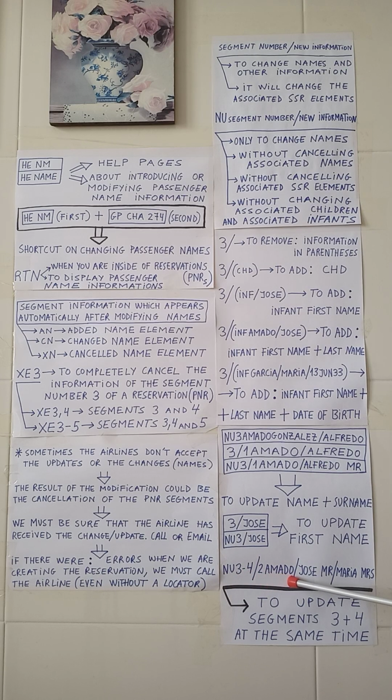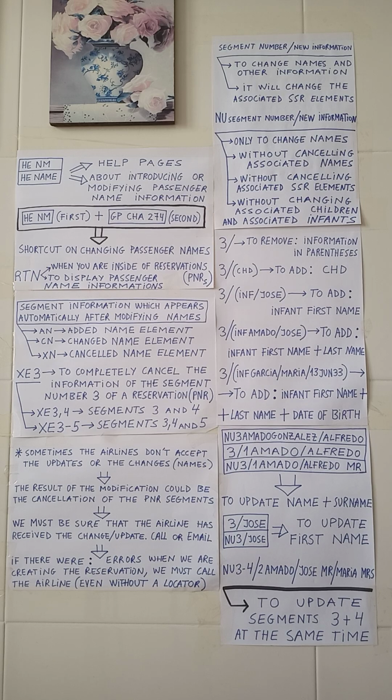NU3-4/2 Amado/Jose space MR/Maria space MRS. Allows updating the name and surname of a man named Jose and a woman named Maria. Both have the surname Amado. Jose is a married man. Maria is a married woman.